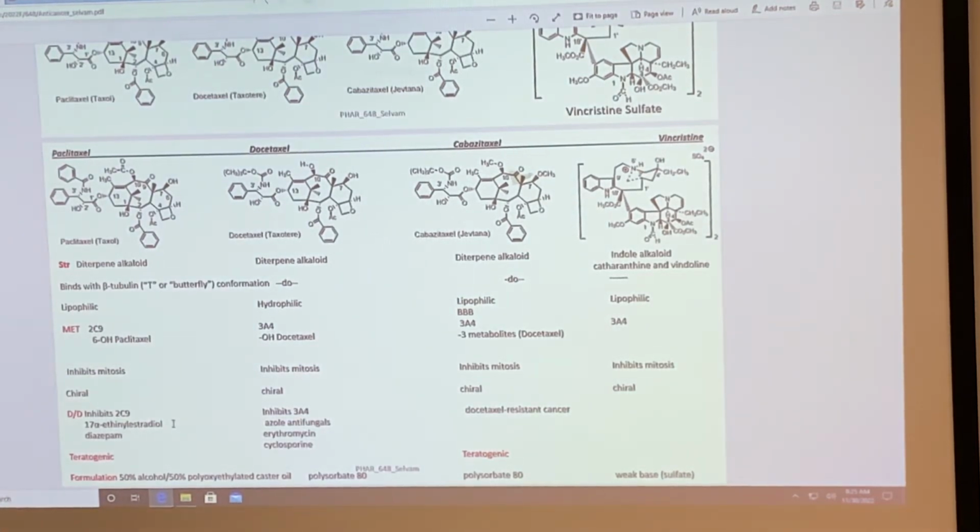Excuse me, could you show the diterpene structure? See, when you have a terpene, you have a 5 carbon unit. So 1, 2, 3, no, 1, 2, 3, 4, 5.